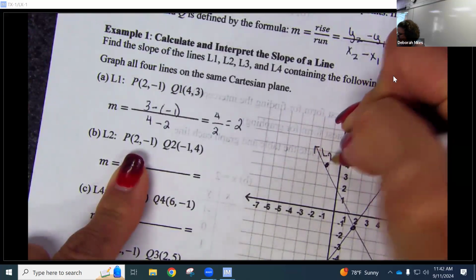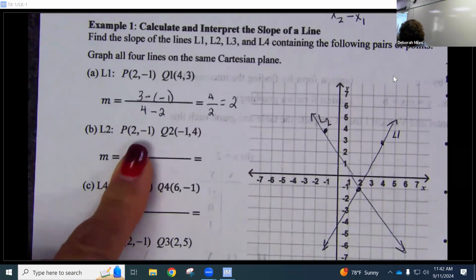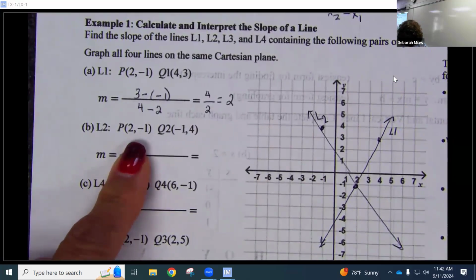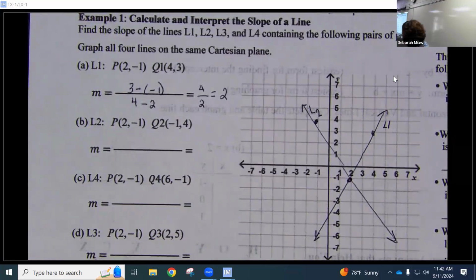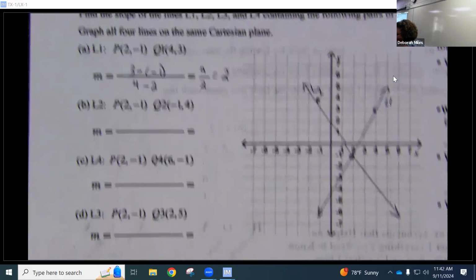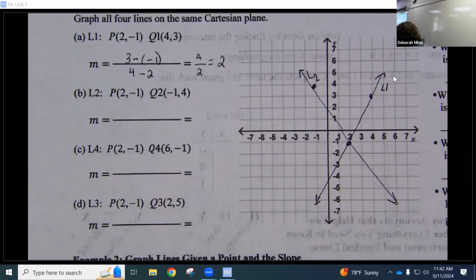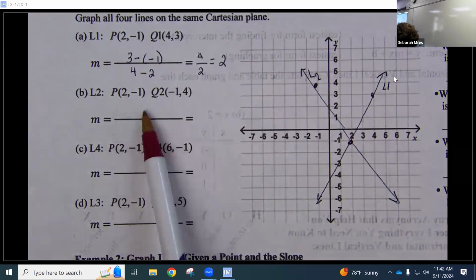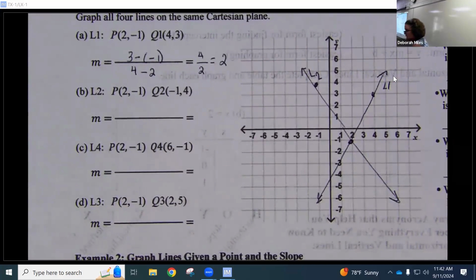Like that, line 2. That one is for me. You go ahead and graph these other 2 lines and find all 3 slopes. Let's see if we all come up with the same thing.